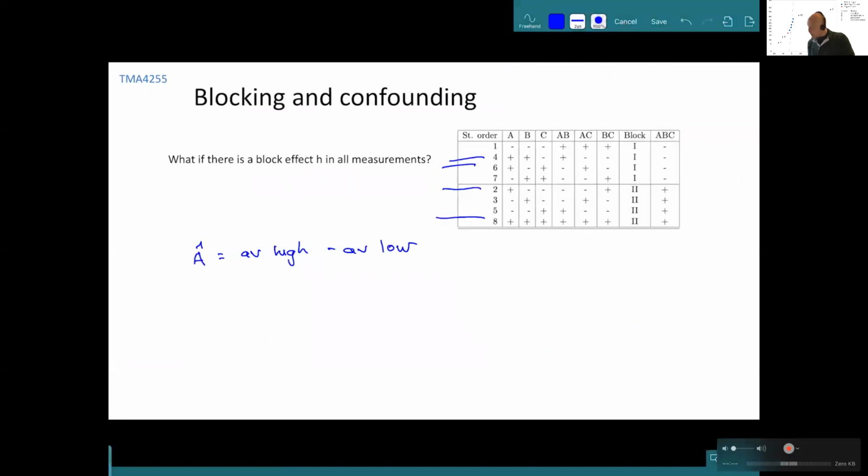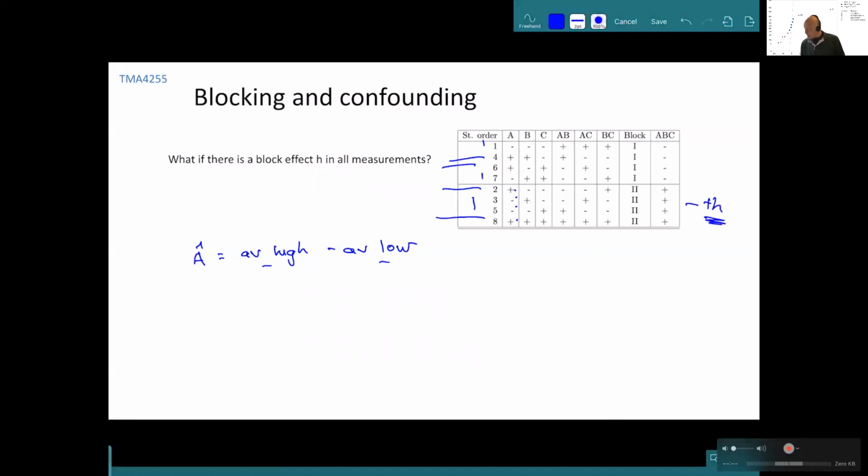But the minus are also here. There's 2 minus here and 2 minus here. So both for the average high and average low, a block effect of h would cancel out, because it's the same for all of these. So that's good for the A effect. We can take the average in both terms, and an effect like h would cancel out.